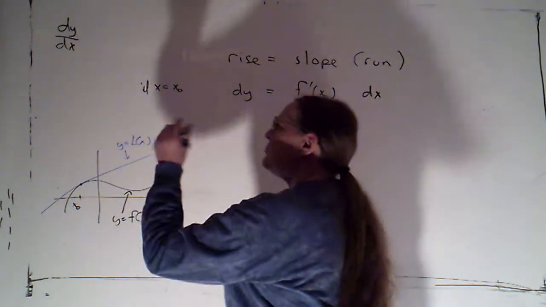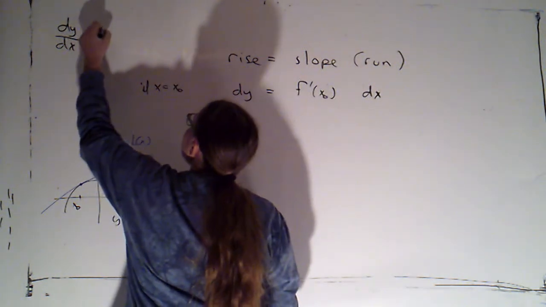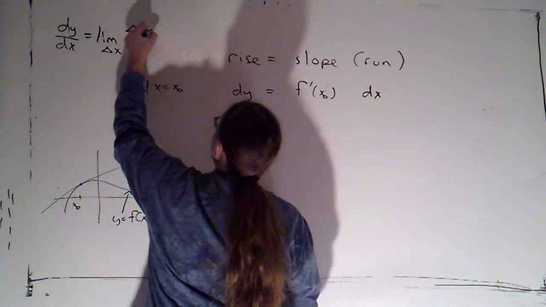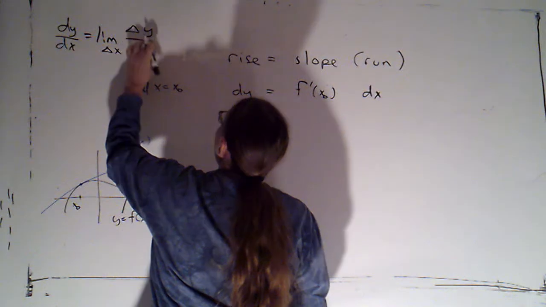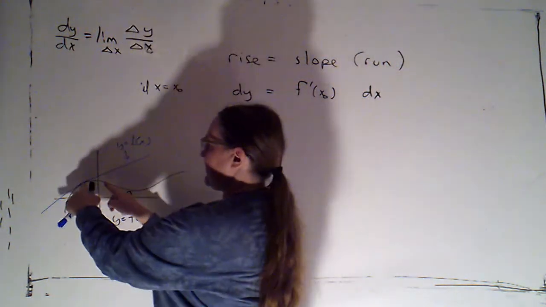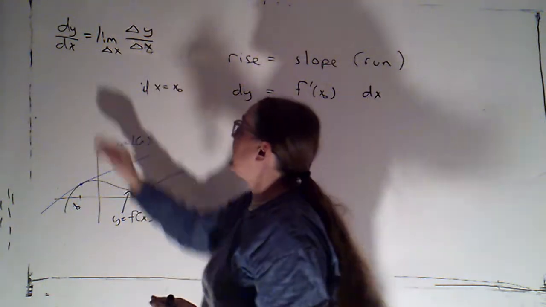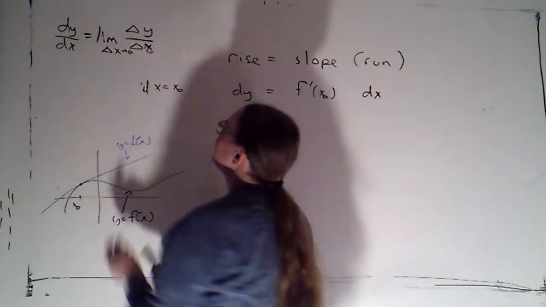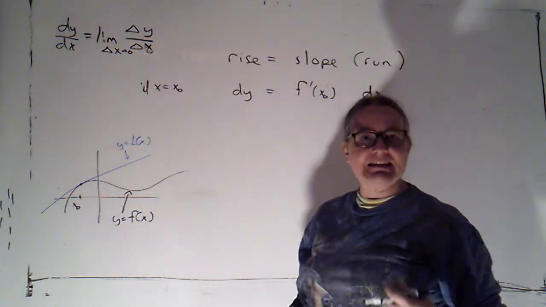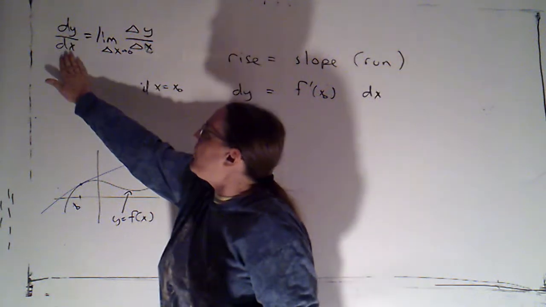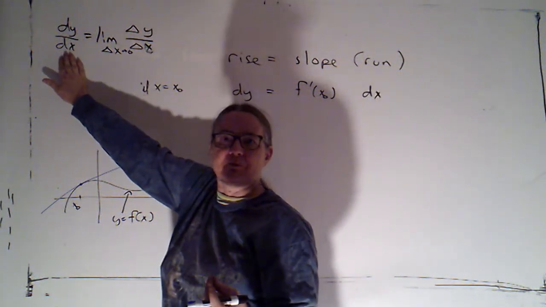dy by dx takes into account the limiting process. If I work with the curve and I calculate delta y and delta x, so I'm calculating the slope of a secant line, I'm taking the limit, as delta x goes to 0, of the slope of that secant line. And that limiting process is part of this symbol.